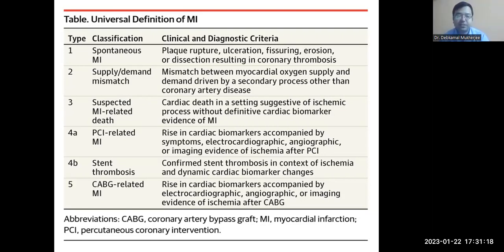Type 3 is a suspected MI-related death, where the patient dies before we can get the results or take the sample of the cardiac biomarker. As I was telling previously, type 4A is PCI related, type 4B is for stent thrombosis, and type 5 is CABG related myocardial infarction.